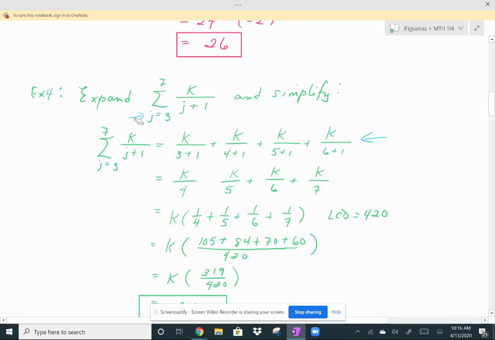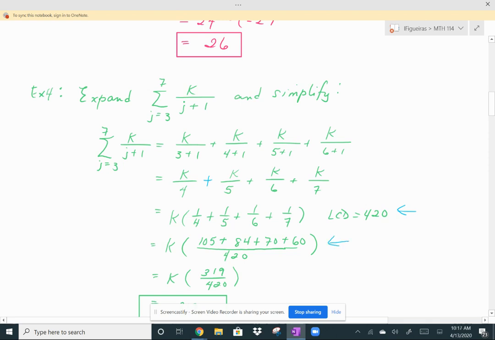Okay, then you simplify each of the denominators, just add the 3 plus 1, 4 plus 1, etc., and you get k over 4, k over 5, all being added, k over 6, and k over 7. So we need a common denominator. The LCD for 4, 5, 6, and 7 is 420. So the first term has to get multiplied by 105.